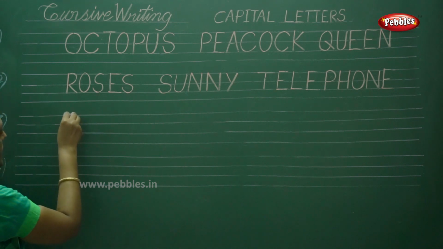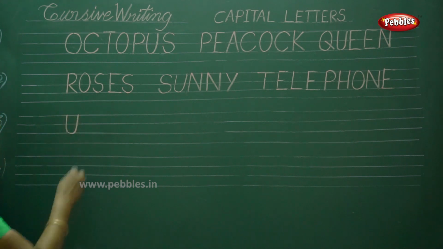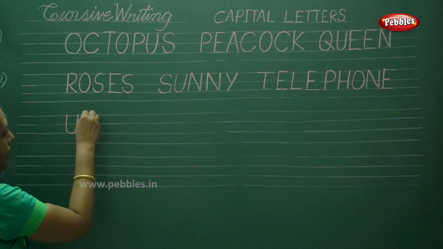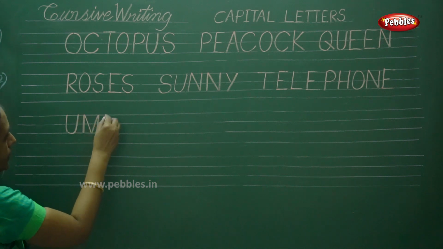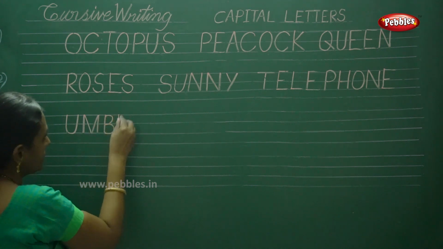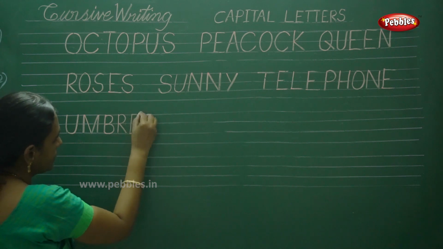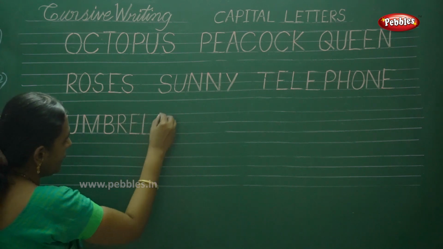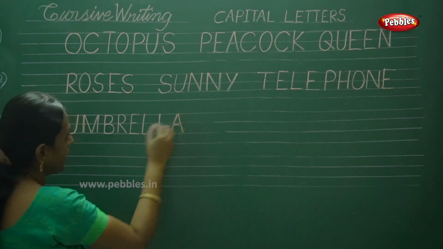Next one is U, that is umbrella, that is U. Okay. And M, B, R, E, L and A, umbrella.